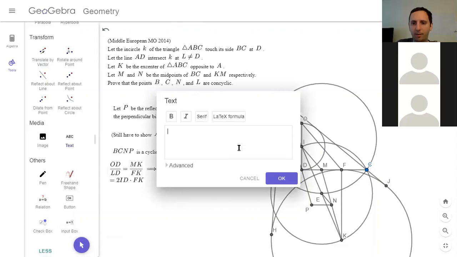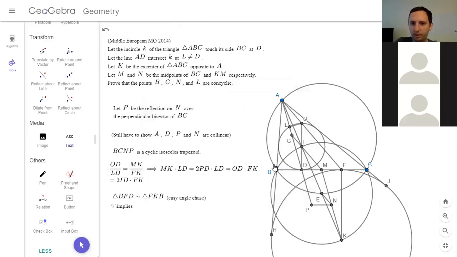So basically we have triangle BID is similar to triangle FKB. We'll just say easy angle chase for now. And that means that BD over ID is BF over FK.